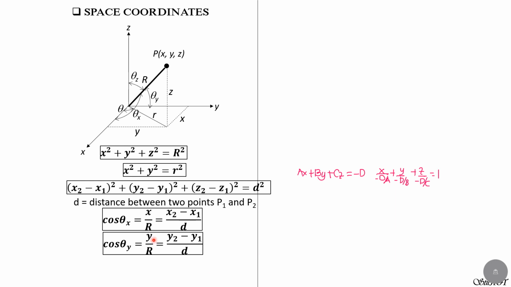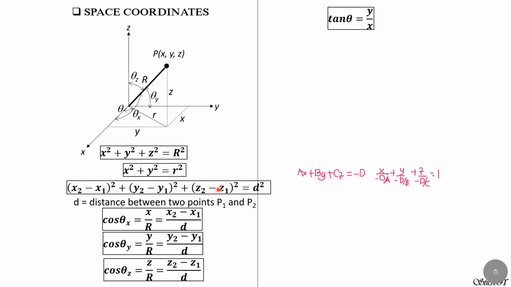Or you may replace x and y here by delta x, especially if the points are different points, not the origin. And cosine theta z is equal to z over R, or quantity z2 minus z1 over d. And tangent of theta here is opposite y over adjacent x.